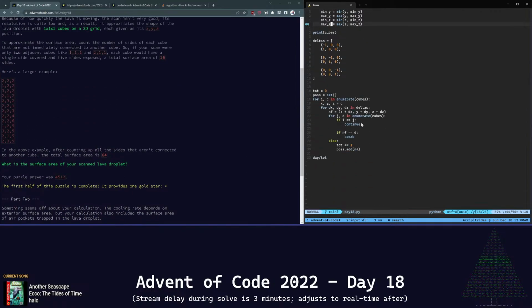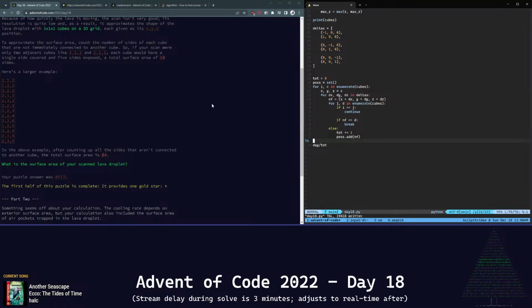So I think we just sweep across all of these. The exterior face is that, and if it's, yeah, okay. So if x, it'll be if min x is strictly like this.